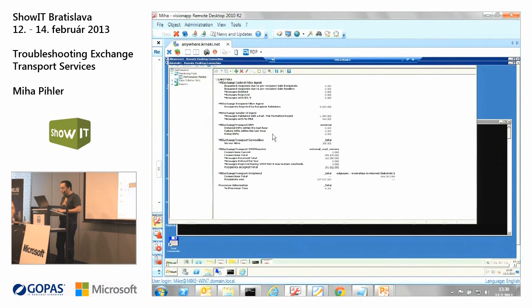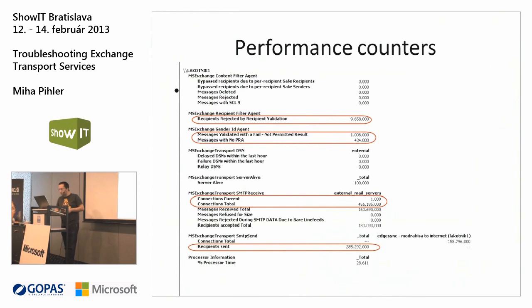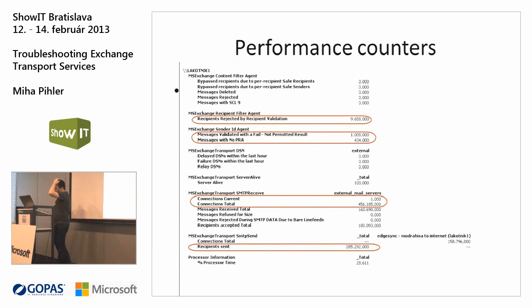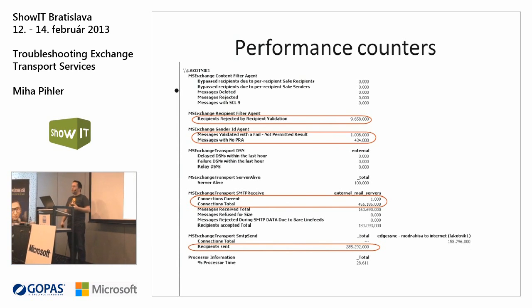What you might want to pay attention to is, let's say, the counter connections current. Here is one. This means that one mail server is connected to this server right now. You can see any number here. I see hundreds of concurrent connections at any time to the server, depending on how busy your server is, how well it's set up, and so on.